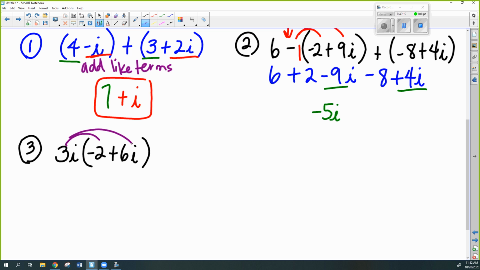Good. So 3 times negative 2, and the i just comes along for the ride. All right, but then for the second part, you're going to do the 3 times 6, but you're also going to do the i times i, which means you have i to the second.